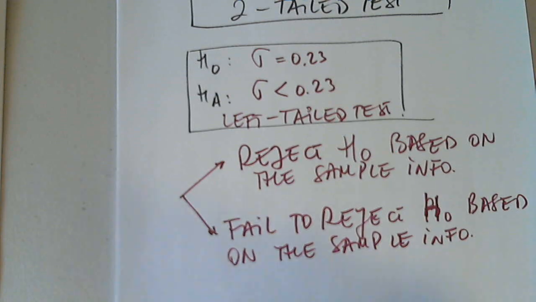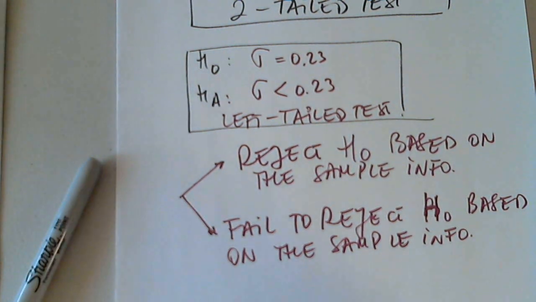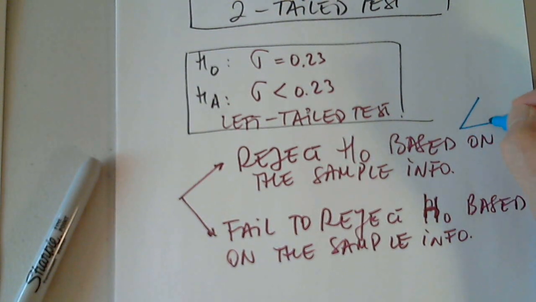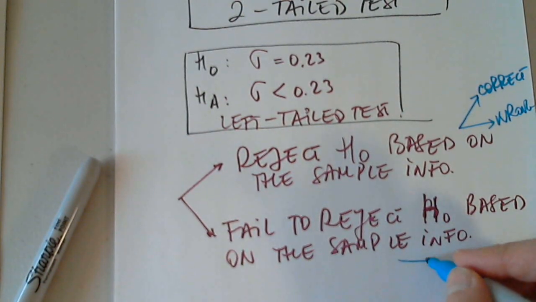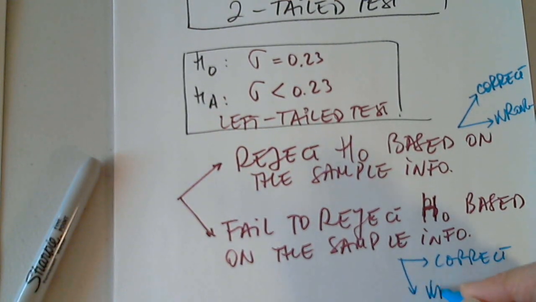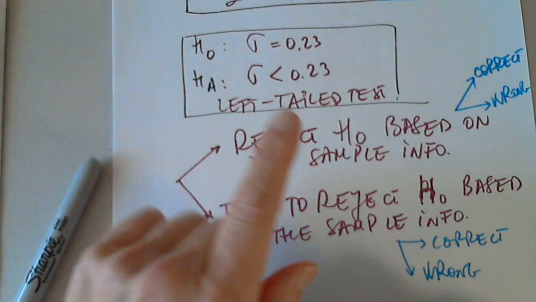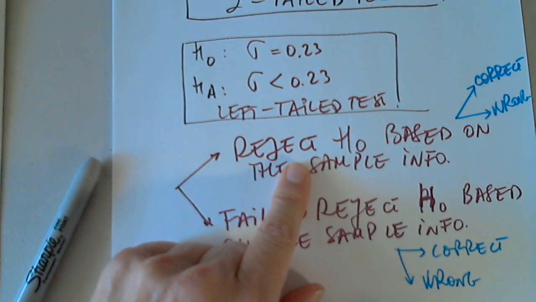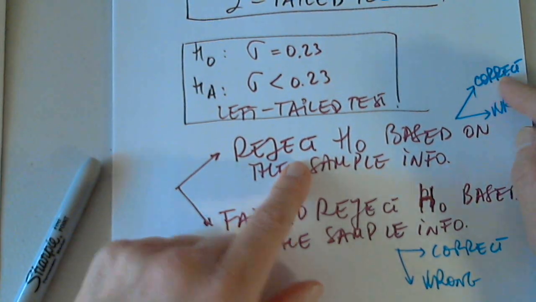So then what can happen here? 2 things can happen in both situations. I am correct or I'm wrong. So if I reject the null hypothesis, I could be correct, and then there is no error.